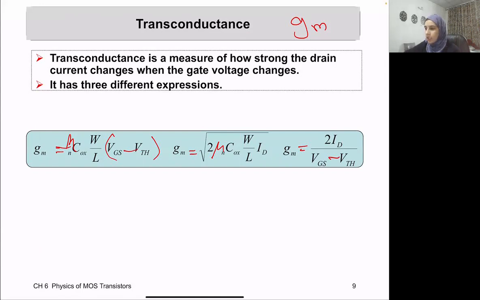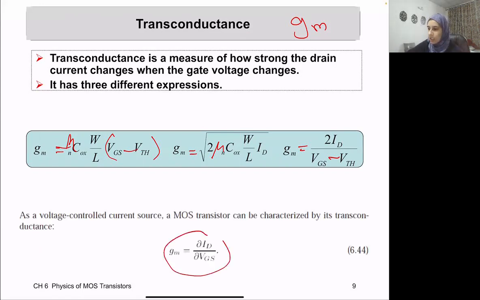Okay, so these are the relations that are given for the gm, and where do they come from? They basically came from this relation here, that gm is the derivative of ID with respect to VGS.